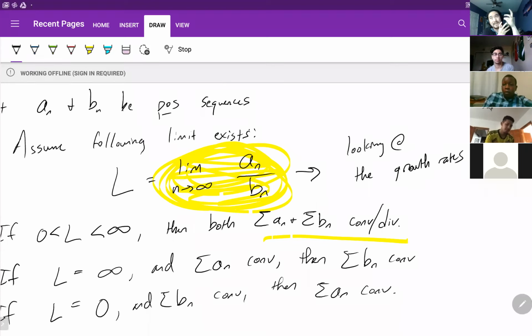It's not that they each reach 2. It means that they both converge or diverge. But why? That's the point I'm trying to get you to think about. It means that A sub n is growing 2 times as fast as B sub n.